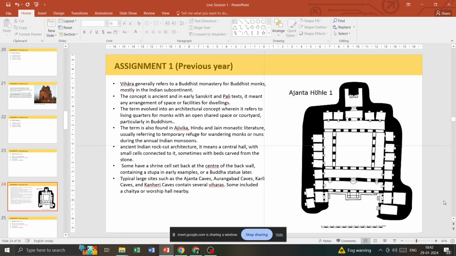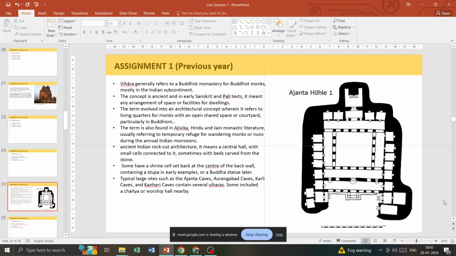Ancient Indian rock cut architecture. The vihara started from rock cut Indian architecture, which had a central hall with small cells connected to it, and sometimes the beds were also carved from the stone themselves. And some viharas used to have a shrine cell at the center of the back wall containing a stupa or a Buddha statue.